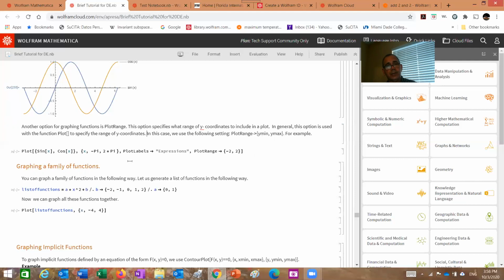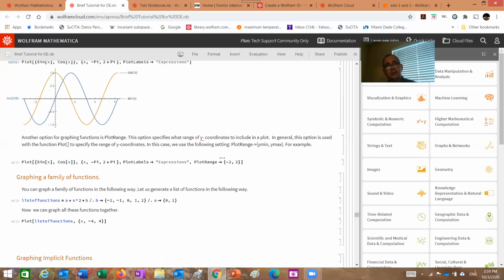For example, for the graph before, you can graph sine of x and cosine of x on the interval from -pi to 2 pi, and then PlotLabels will be Expressions. It means we're going to label both graphs, and the PlotRange now is -2 and 2. It means the y minimum is going to be -2, the y maximum is going to be 2.